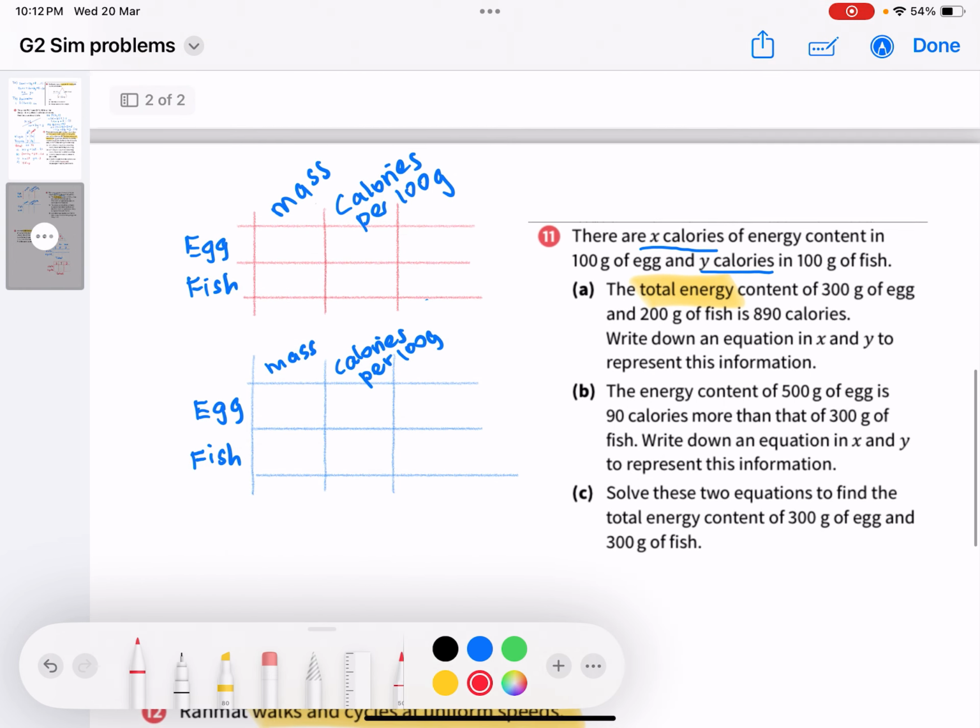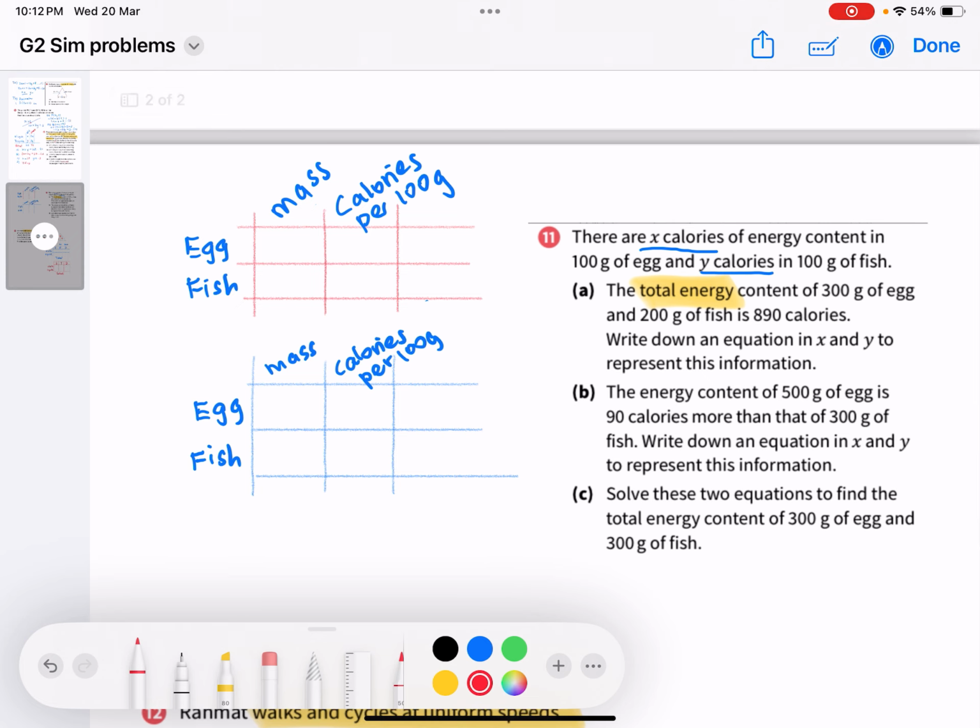The next sum is about mass, that is grams, and calories, that is the measurement for energy. So in the first part, we have x calories of energy in 100 grams of eggs.